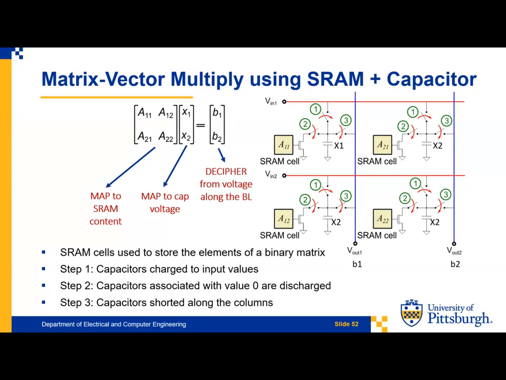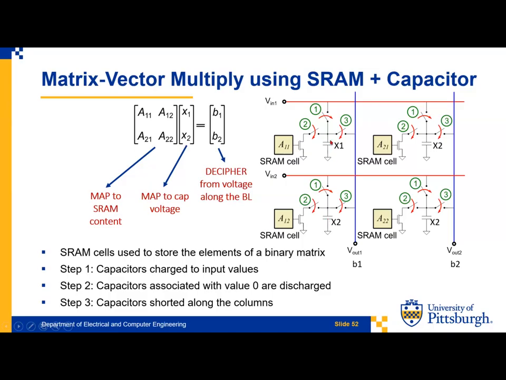So in this way, if X is zero, if the voltage is zero, the charge sensed here from the Vout one will also be zero, because there is no charge in this capacitor.